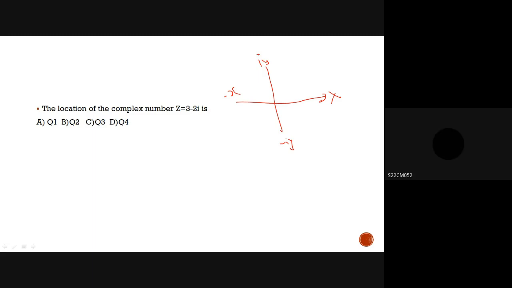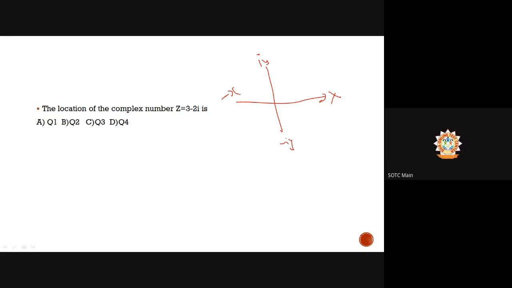Second quadrant, option B. In second quadrant x is negative, y is positive. Here x is positive. Third quadrant. Fourth quadrant, sir. Yes, very good. Fourth quadrant is the correct answer.